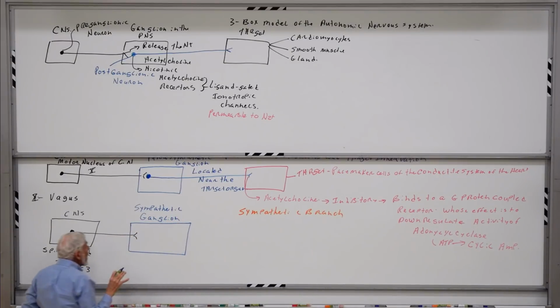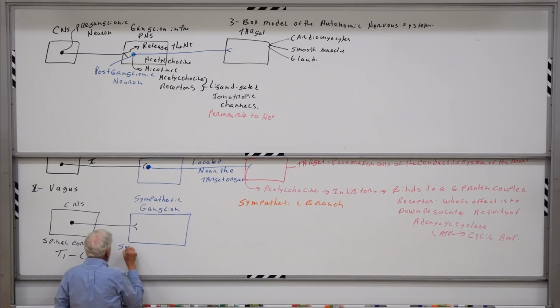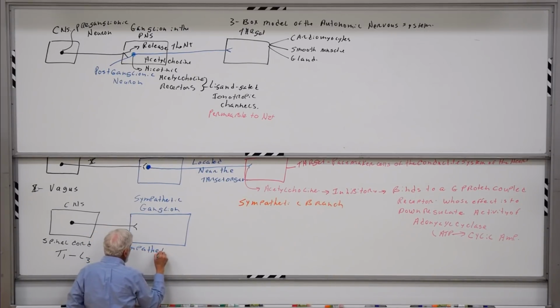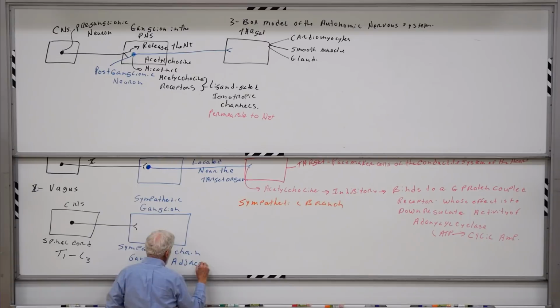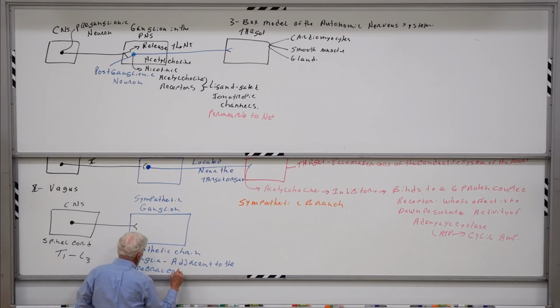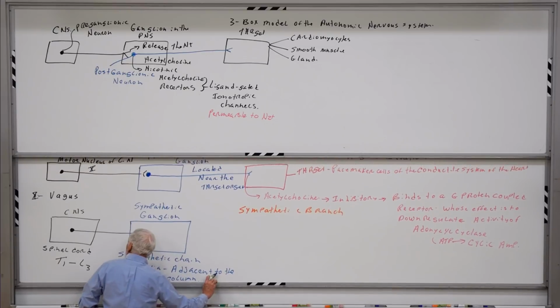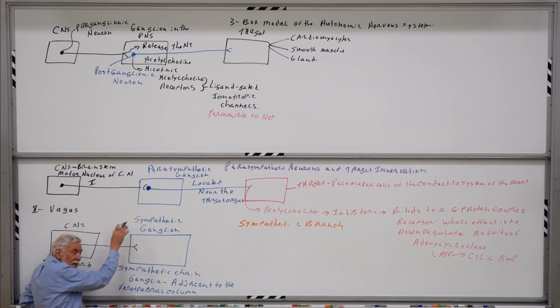There are some exceptions, but for the most part, these sympathetic ganglia, sometimes known as sympathetic chain ganglia, are located adjacent to the vertebral column. They're pretty much located right beside, a little bit beyond, but right beside the dorsal root ganglia. So they're out in the periphery.